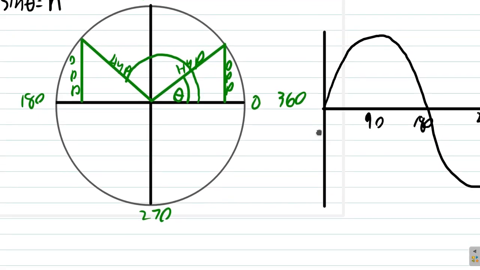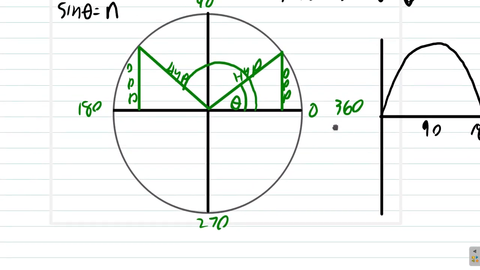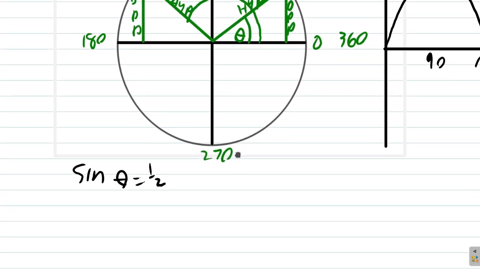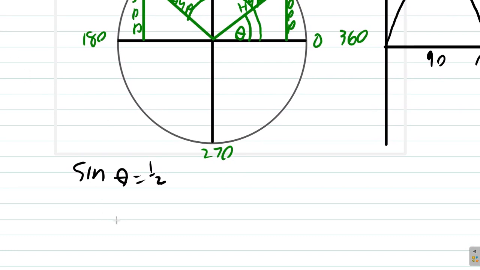So, for example now, sine theta is equal to a half. What is the angle theta? Well, theta is the sine inverse of a half, which is what?